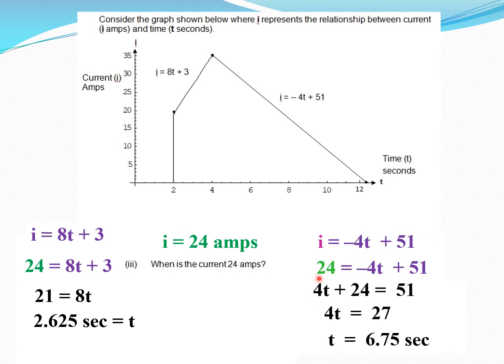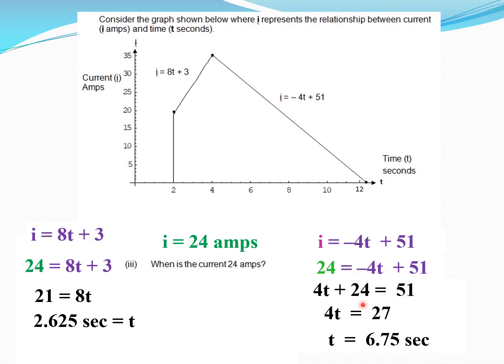So 24 is equal to minus 4t plus 51. So algebraically we can think about this in several ways. But why don't we just add 4t to both sides? So 4t plus 24 equals 4t and minus 4t is 0. So simply on the right hand side we get 51 when we add 4t to the right hand side.